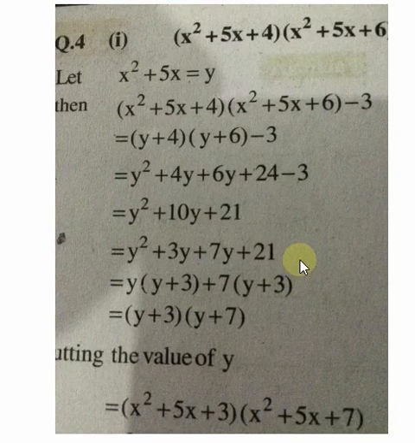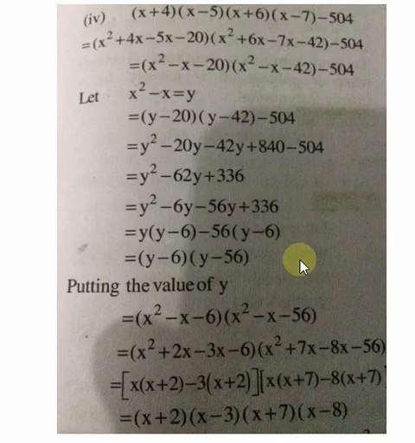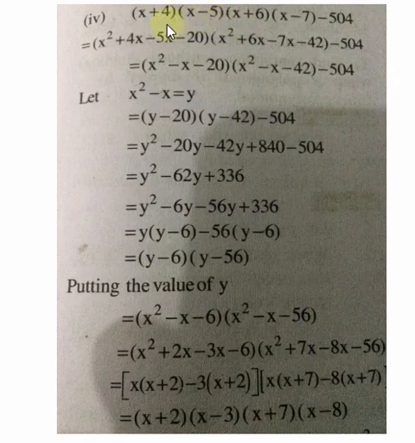Our next question is this one: x plus 4 into x minus 5 into x plus 6 into x minus 7 minus 504. Now we have to make the pairs whose sum is the same.